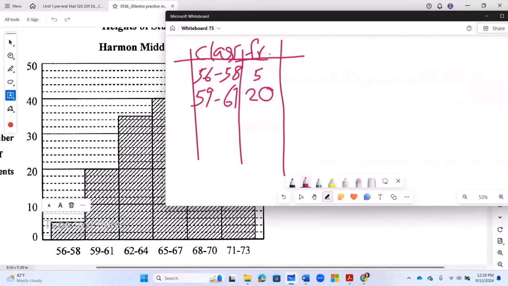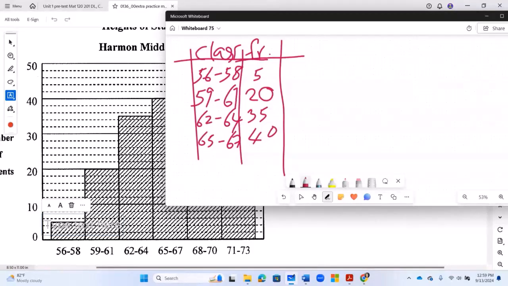The frequency of the third class, which is 62 to 64, is approximately 35. The frequency of the fourth class, from 65 to 67, is 40. If you don't agree, let me know.